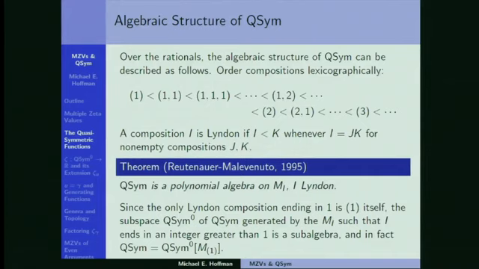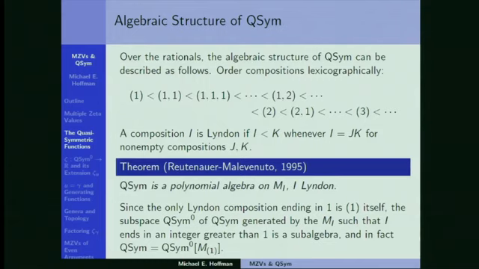Now, it follows from this definition that the only Lyndon composition that actually ends in 1 is just 1 by itself, which means that one of these polynomial generators is m sub 1, and that's algebraically independent, since this is a polynomial algebra.